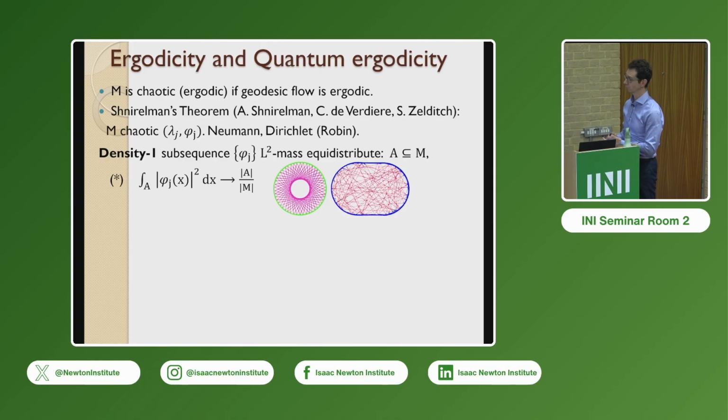And what Shnirelman's theorem states, which was proven by Shnirelman, Colin de Verdière, and Zelditch, is that if a billiard is chaotic, then it is quantum chaotic. What is quantum chaotic is that if we take the L2 mass of eigenfunctions restricted to a given subdomain of the billiard, then it converges to the area of the billiard for a density 1 sequence.